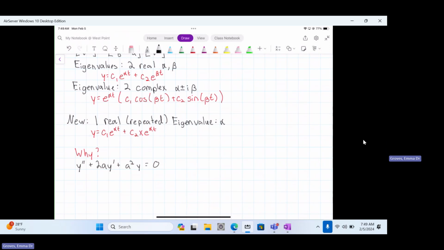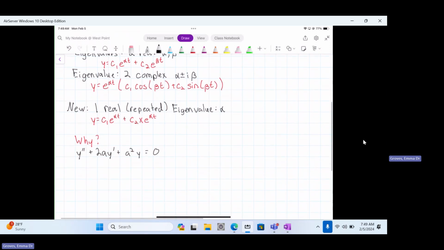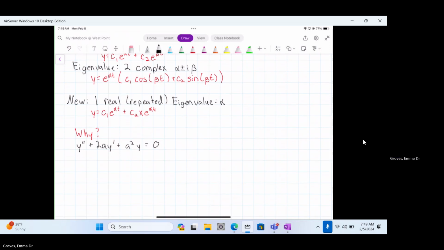And then we're going to use this to derive our second equation. So if we were to put this in our matrix vector form with our u's and our v's, our coefficient matrix would be 0, 1, negative a squared, negative 2a. And then if you ask Mathematica or whoever to solve this for you and give you the eigenvalues, you would get exactly one eigenvalue, lambda equal to negative a.